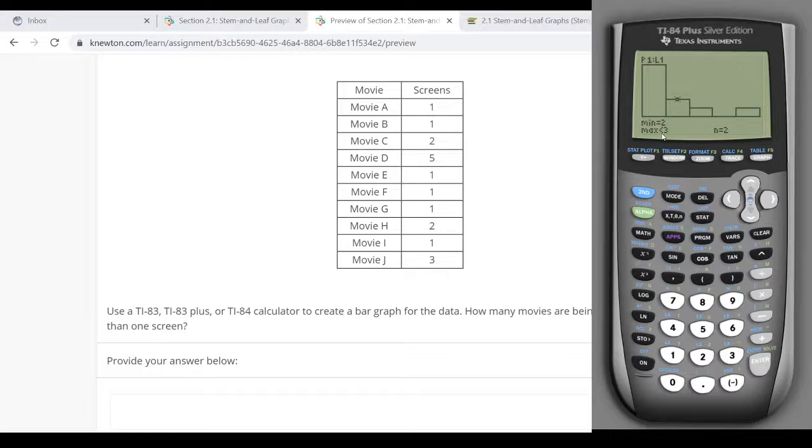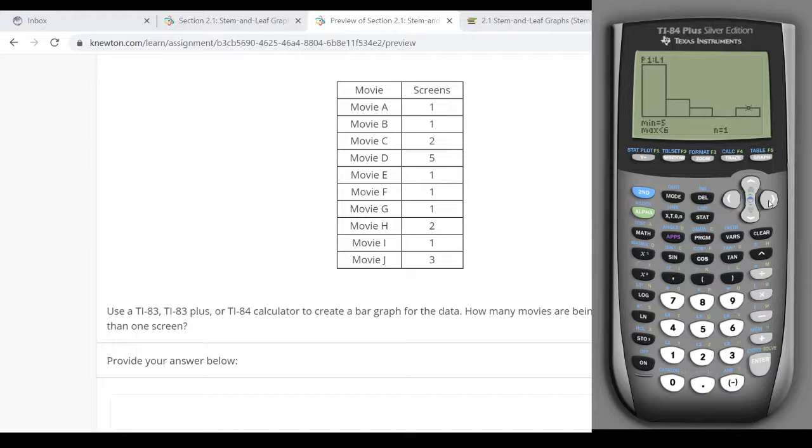2 to less than 3. So how many movies are being shown on 2 screens? 2 movies, right? Movie C and movie H. And then how many are being shown on 3 screens? 1 movie, right? That's movie J. How many are being shown on 4 screens? N equals 0. So you see, there's no 4s there. No movies are being shown on exactly 4 screens.